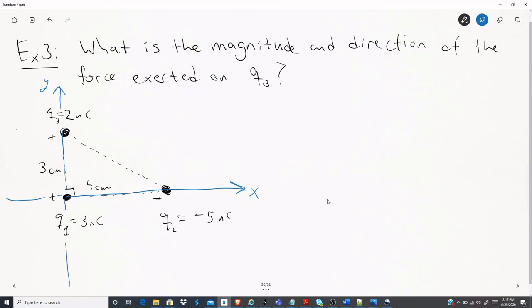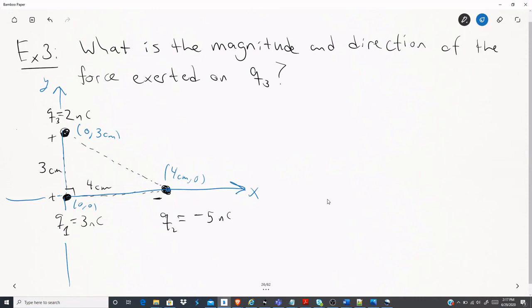And now we have coordinates for each of these charges. So Q3 is at the coordinate 0, 3 centimeters. Charge 2 is at 4 centimeters, 0. And charge 1 is at 0, 0. Okay, so I've identified coordinates.